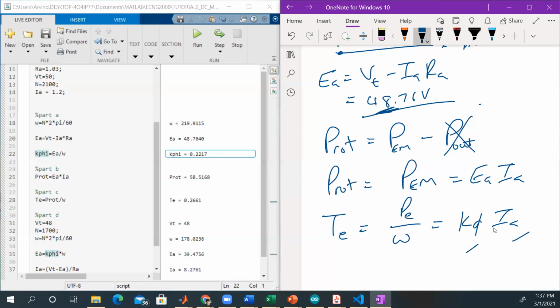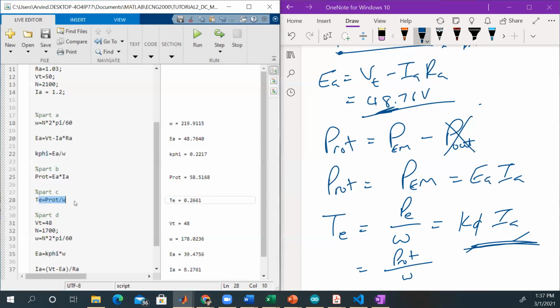We have IA, we worked out K phi already, I believe. Yes, so we could work it out this way, or we have PE, which is in this case the same as P rotation, and we have omega, which we worked out as well. Either way you want to do it, you should get the same thing.